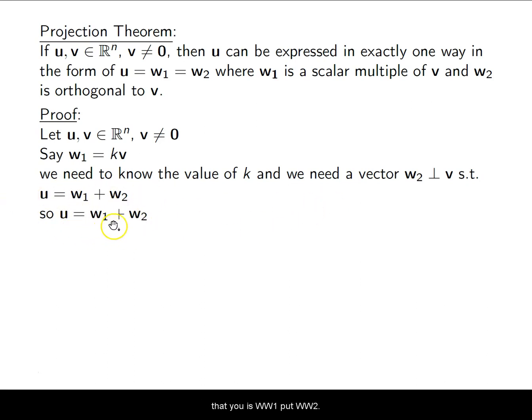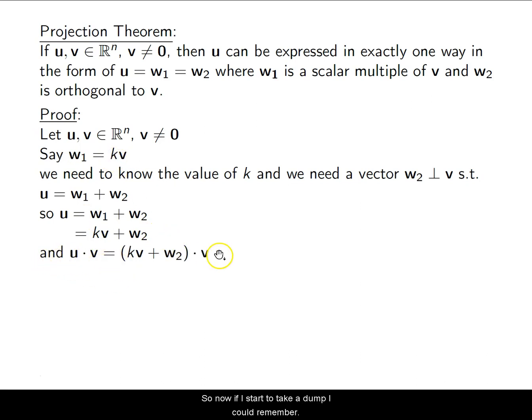So let's assume that U is W1 plus W2. Okay, if I make that substitution right here, then I'm going to have KV plus W2, because that is what W1 has the form of. So now if I start to take a dot product, because when I look at this component-wise, I'm going to need some things to go to zero, particularly W2 and V, right?